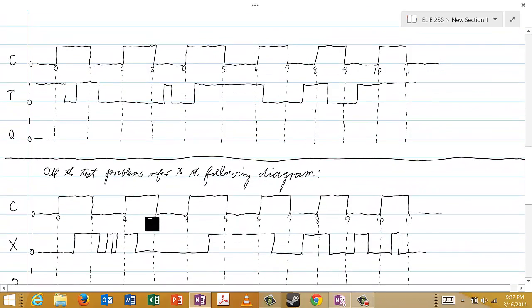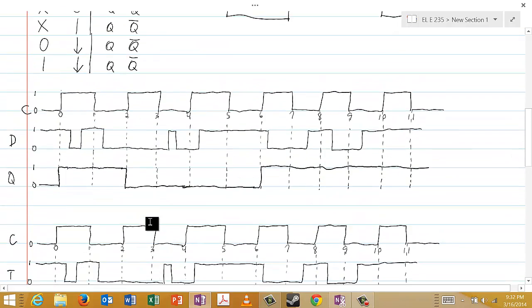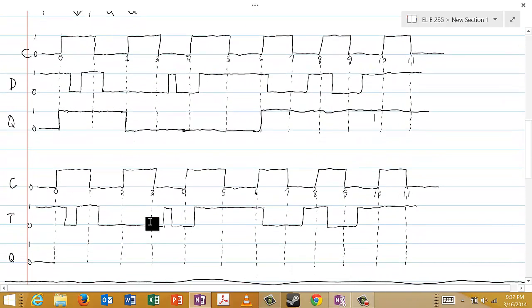So if that had been the question in the problem that we just did, if the question had been to list all of the times at which the output will change from 0 to 1, then you should list time 0 and time 6. Those would be the two times at which the output would change from 0 to 1. At 0 and at 6.